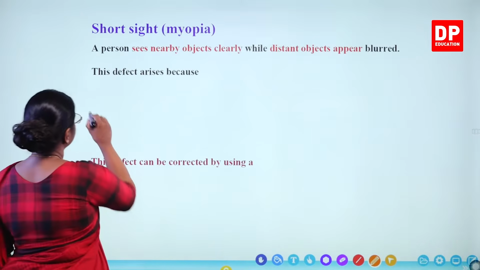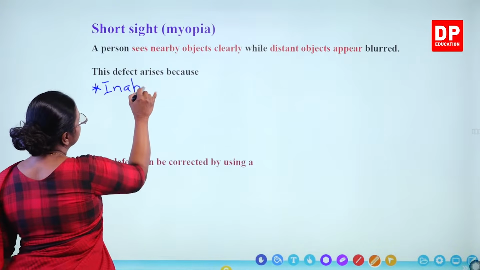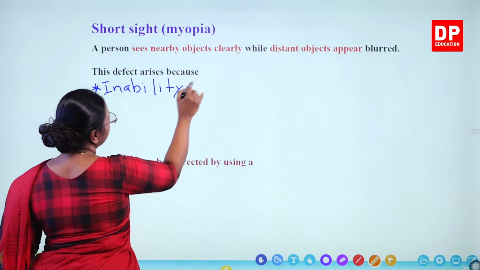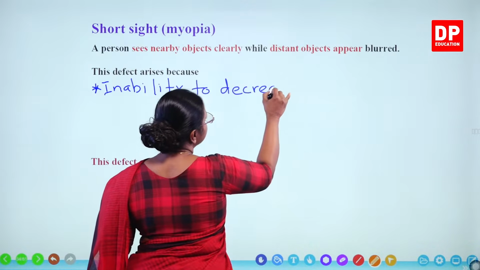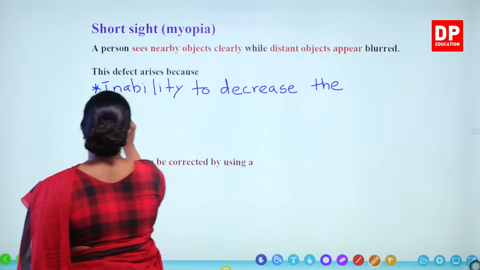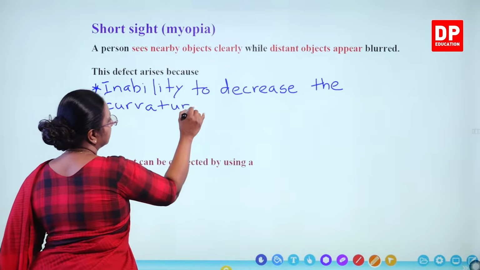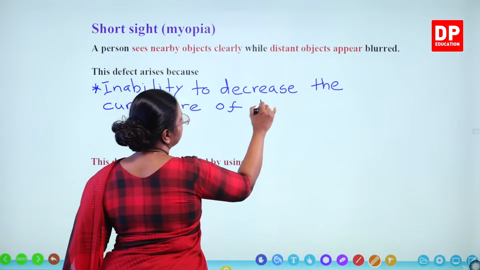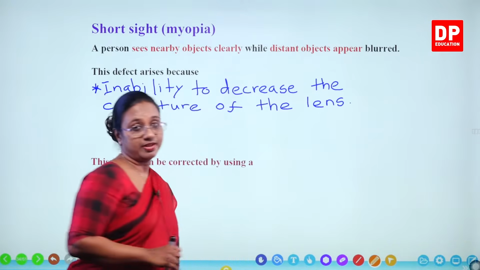That is one reason: inability to decrease the curvature of the lens.